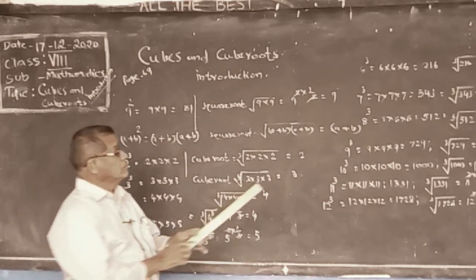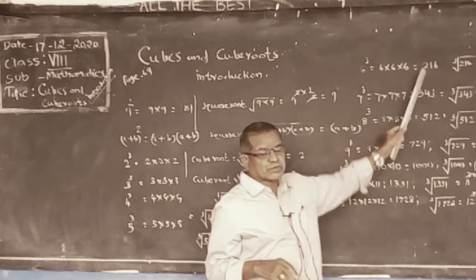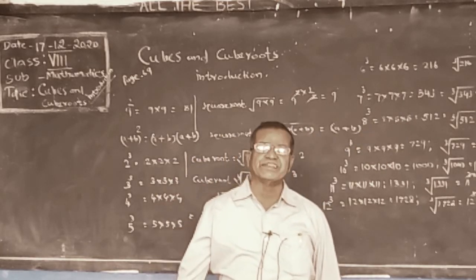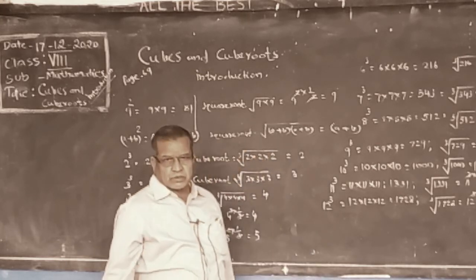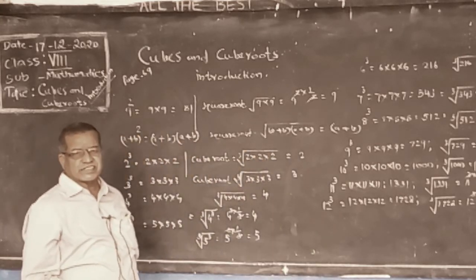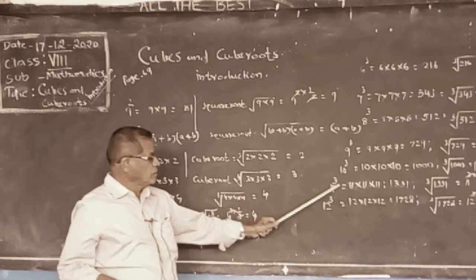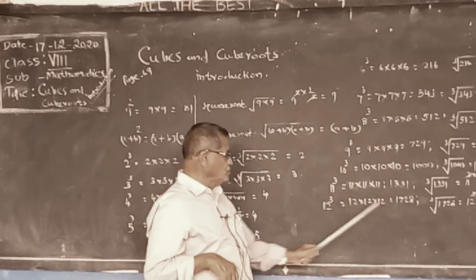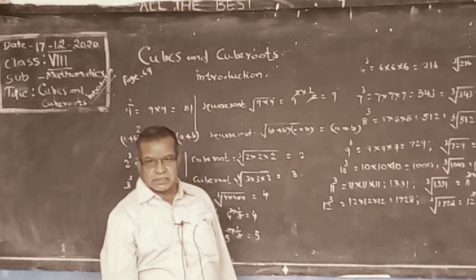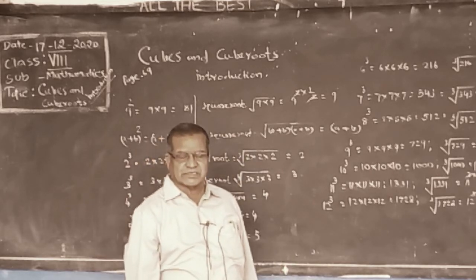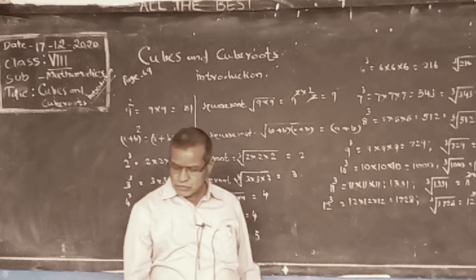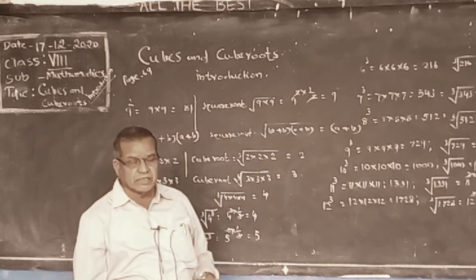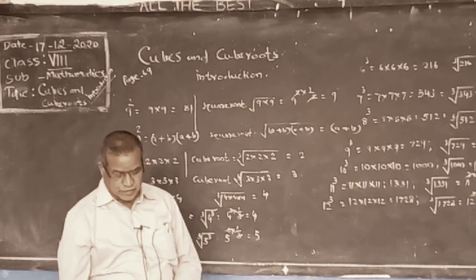So you should learn all these cubes and squares up to 30 and cubes up to 20. 11 cube is 1331, 12 cube is 1728. Please learn all these numbers, cubes and cube roots. In the next class I will explain how to find cube roots for a given number.